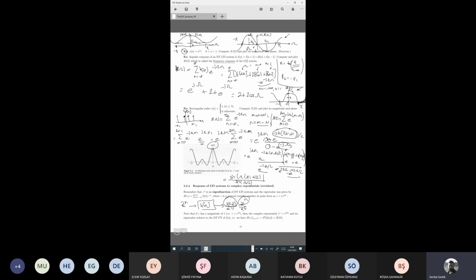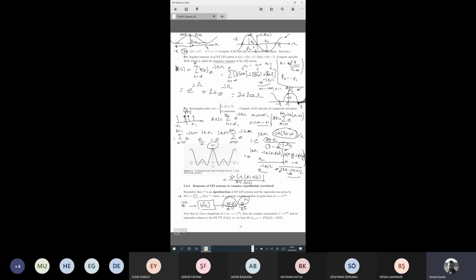So if z has a magnitude of 1, it means that z is equal to e to the power j omega. Then for the complex exponential z to the power n, e to the power j omega n, the eigenvalue reduces to the discrete time Fourier transform. So this is simple. Instead of z here, you have z equals e to the power j omega.